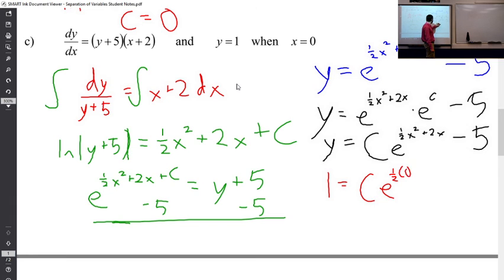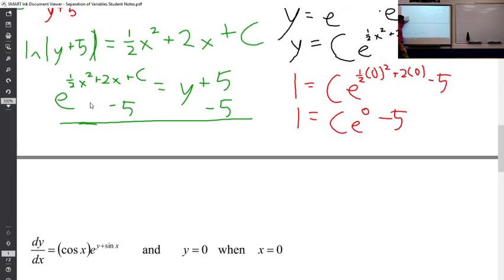So we're going to put in 0 for x. e to the 0, which is 1. And so 1 equals c times 1 minus 5. So c equals 6.